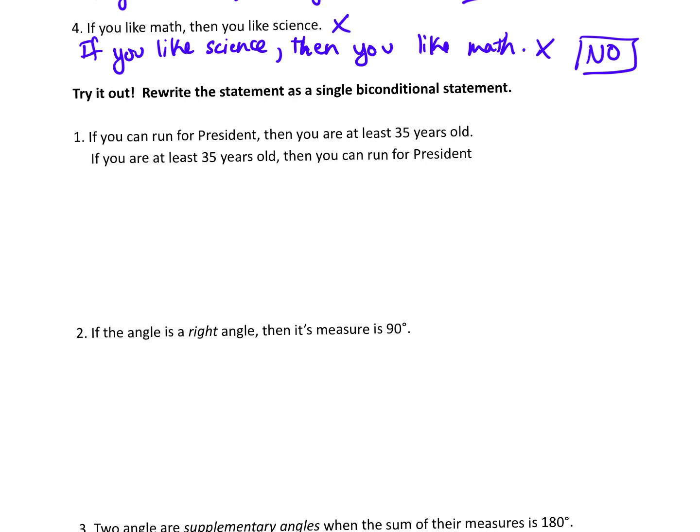Okay, last one. Rewrite the statement using a biconditional statement. And remember, with a biconditional statement, it has to have if and only if. So if you can run for president, then you're at least 35 years old. If you are at least 35 years old, then you can run for president.